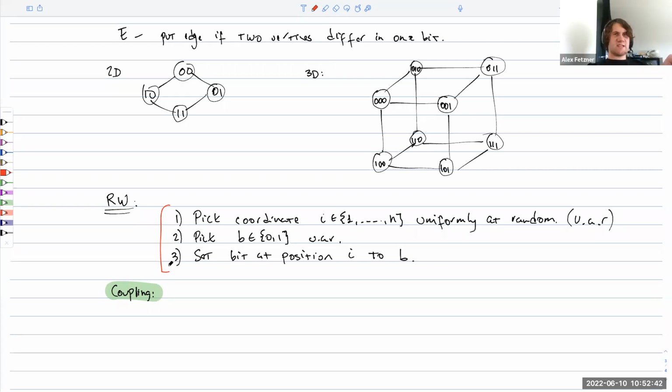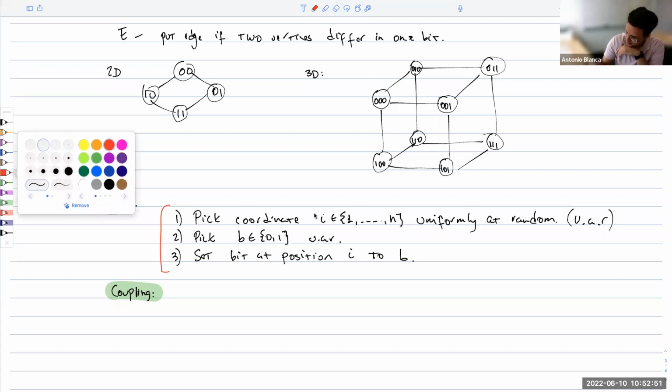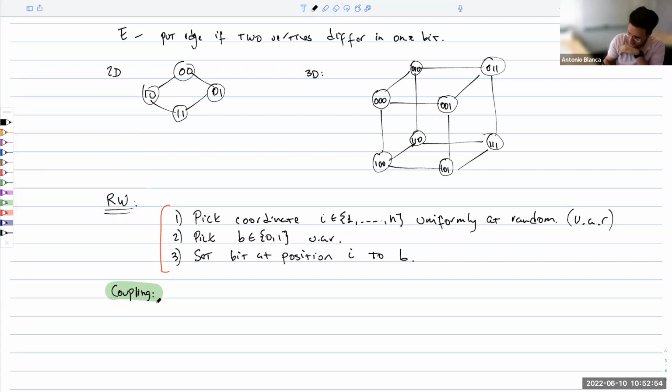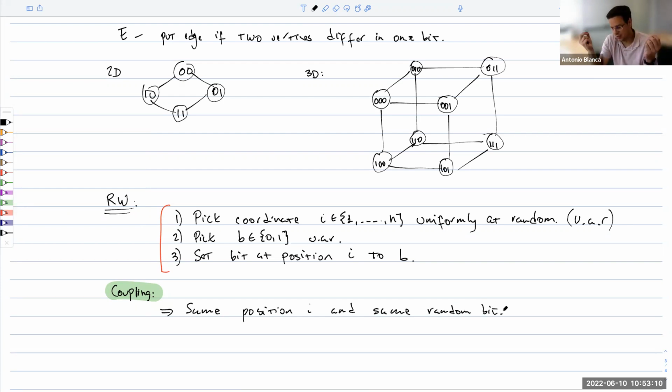Could we choose the same bit and set them to the same value in the 2 different chains? Good, right? So we pick the same bit. We're going to pick the same position and the same random bit, right? And remember, this makes a lot of sense. Our goal is to coordinate the two chains so that they get closer together.